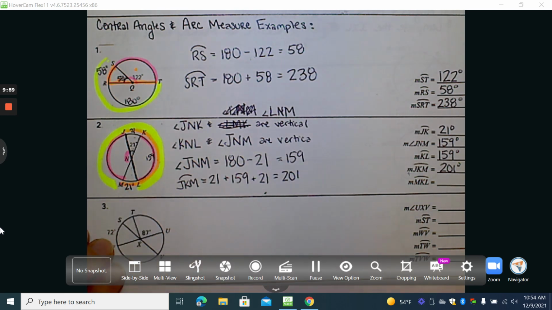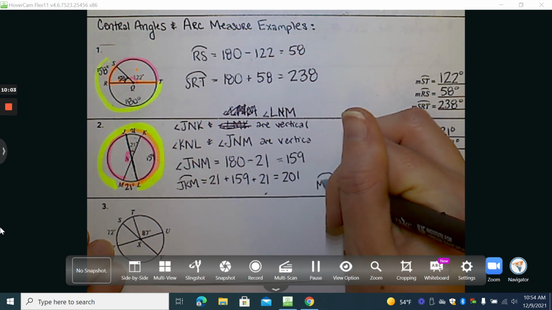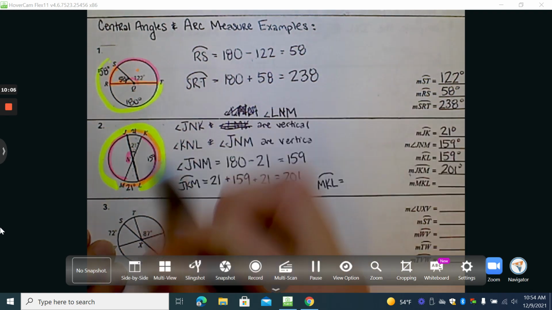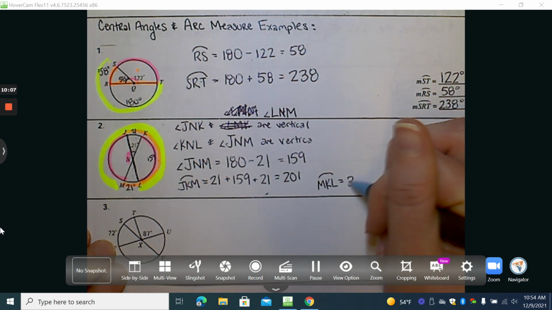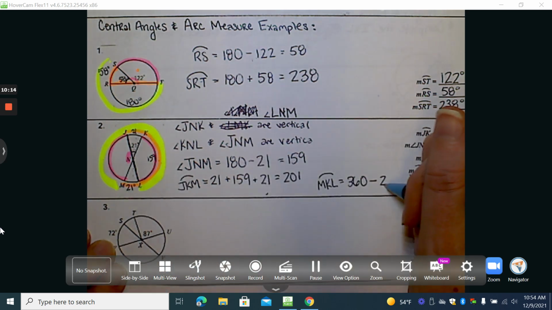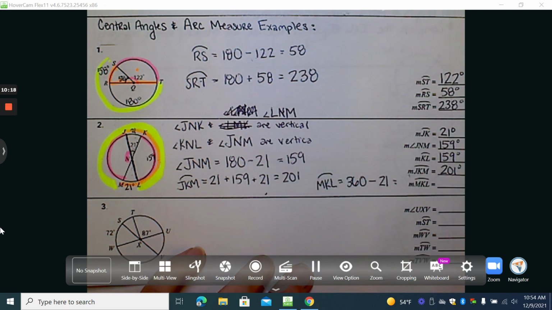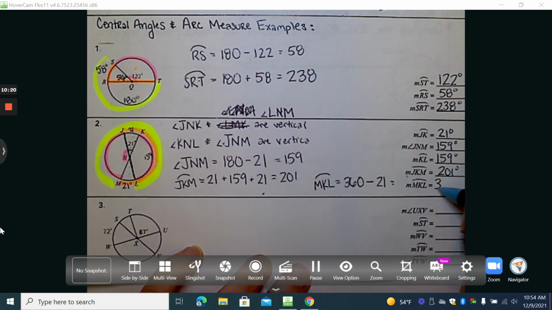So I'm going to actually just subtract for this one because that sounds a little bit easier. MKL. I know a full circle is 360. So I'm going to just subtract away this little 21-degree chunk that I'm not using. So 360 minus 21 gives me a total of 339 degrees.